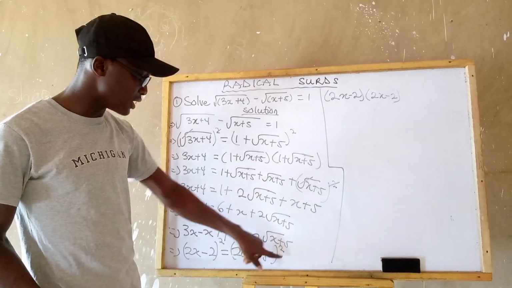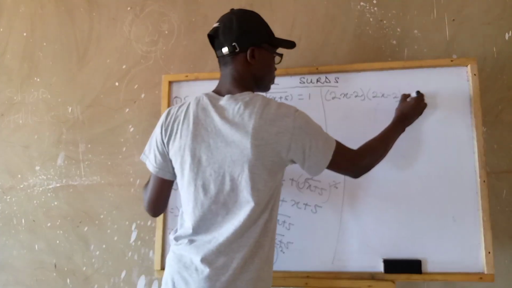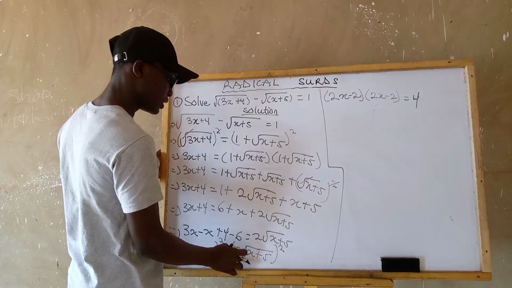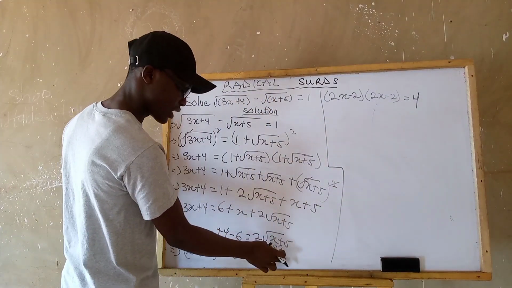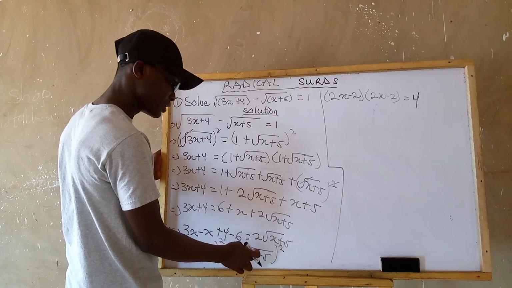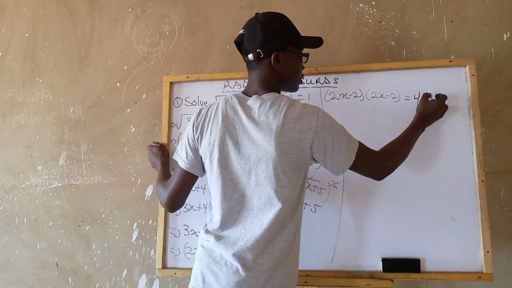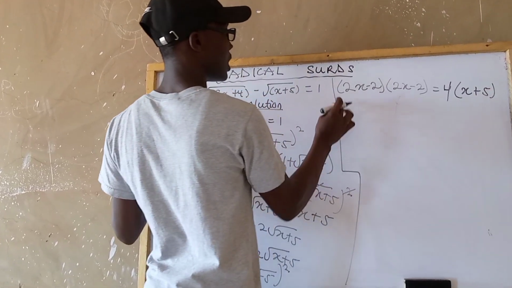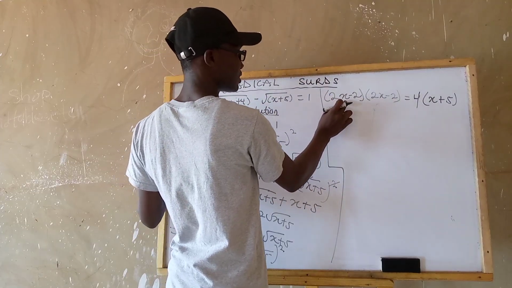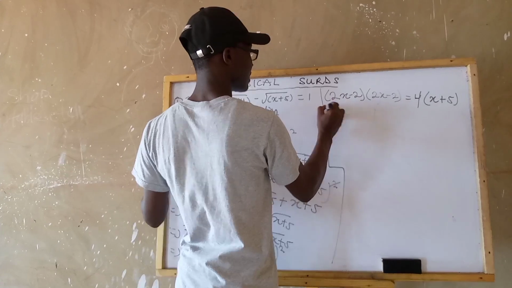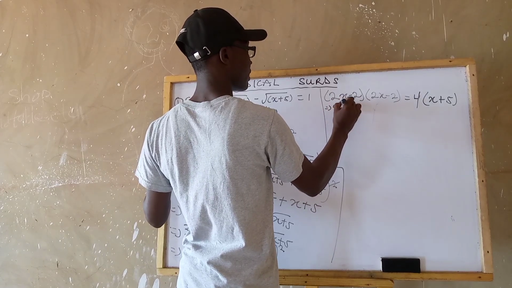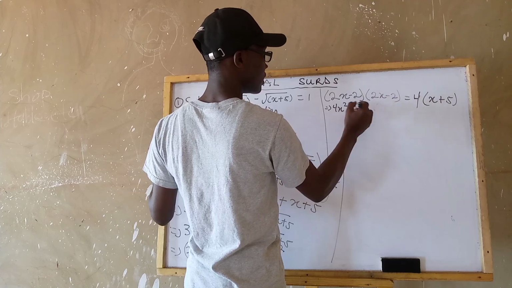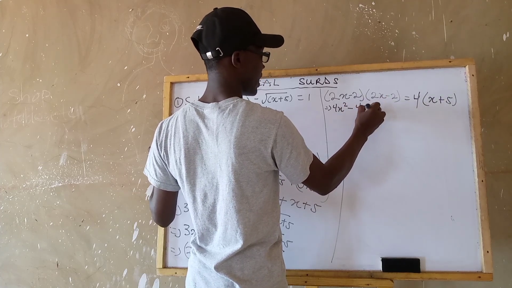So 2 squared gives us 4, and then root x plus 5 squared, the square cancels the root to give us x plus 5. So it multiplies x plus 5. Now this one, 2x times 2x gives us 4x squared and then 2x times negative 2 gives us negative 4x.